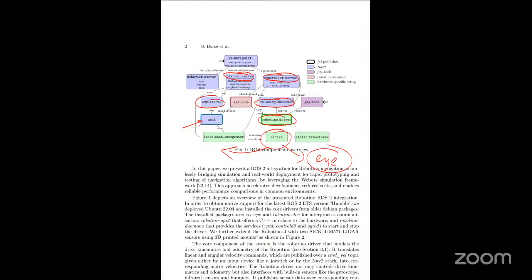So finally, we have LiDAR, then laser scan integrator, then map server, then AMCL, planner server, controller server, velocity smoother, Robotino driver, and finally the Robotino robot wheels.